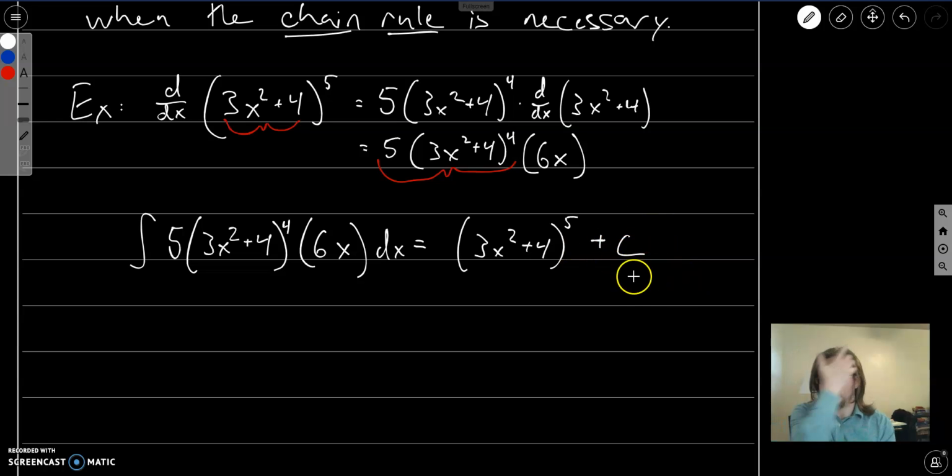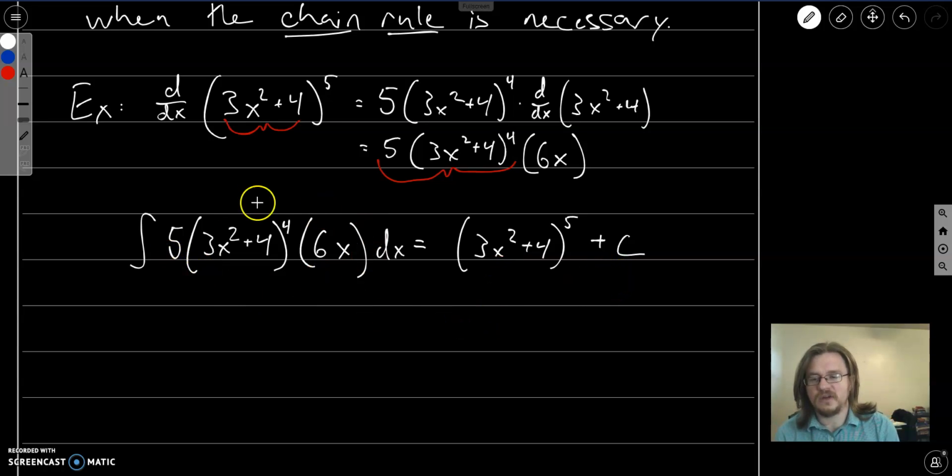We can't forget our plus c, because if there was an extra constant in here, it would just disappear when we took the derivative. So here we have our formula for this. We know that the antiderivative of this function is going to be our original function plus c.